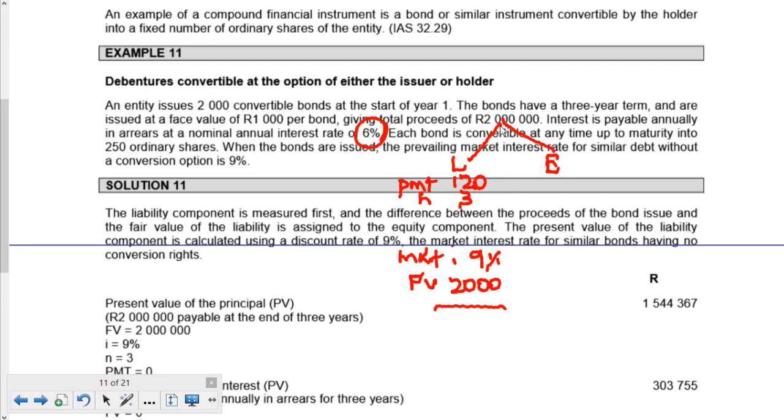I've issued, I now pay. I pay interest, I pay the capital back. So if I put this as future value, this as payment, this as N, this as I, I get a PV. Work it out for me quickly. Future value 2 million, payment 120,000, N 3, I 9, PV.